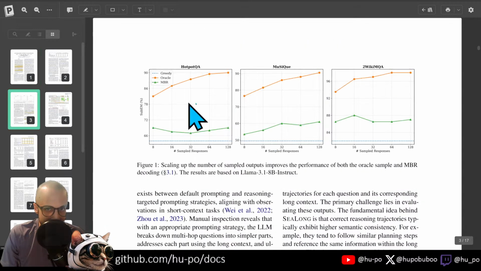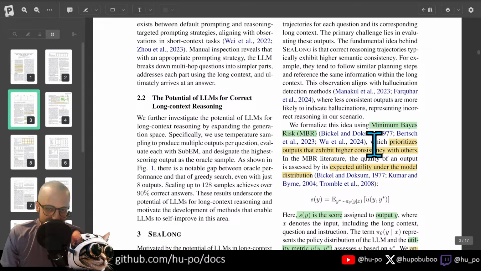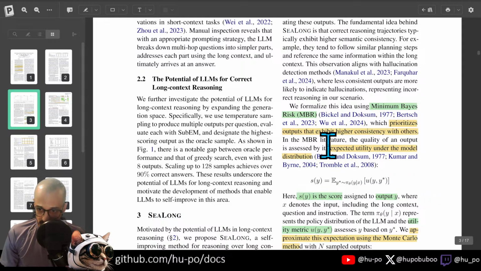Okay, what is minimum Bayes risk? Minimum Bayes risk is when you prioritize outputs that exhibit higher consistency with others, where the quality of the output is assessed by the expected utility under the model distribution, right? So you have this utility function U here, and ultimately what you're trying to get is the Y star, the output that has the highest score.